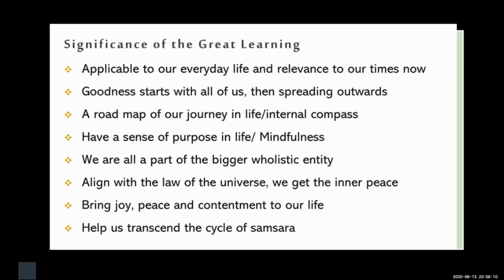This is what we call the synergy, right? Each of us does something good, and then 1 plus 1 does not equal 2. It's more than 2. Okay, maybe 10 or 100. And then also, Confucius talks about aligning with the law of the universe.